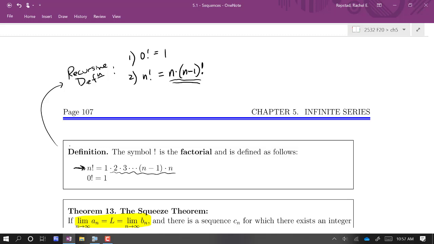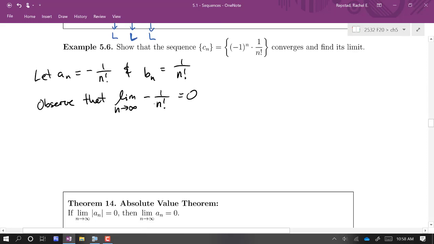It grows faster than exponential functions, in fact. So that n factorial is huge, which means 1 over n factorial is approaching 0. Similarly, the limit as n approaches infinity of positive 1 over n factorial is 0.